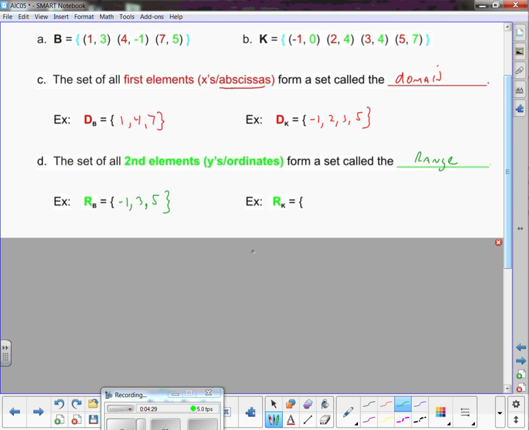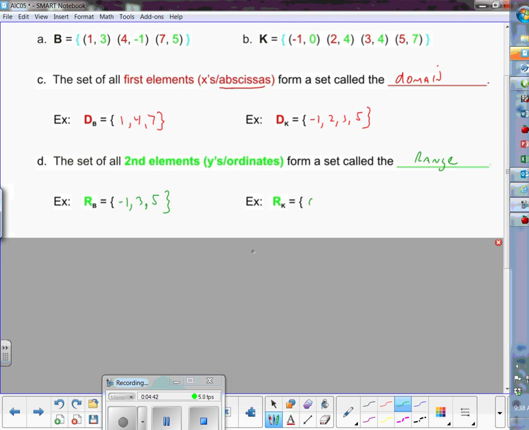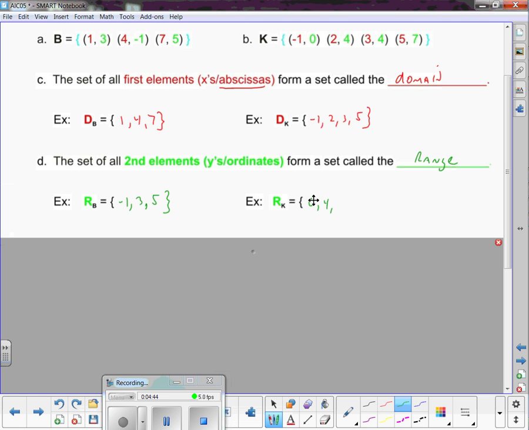All right, so finish off the range for set K. Write the range for set K. And everybody says the range is? Let's say it. Not 4, 4, 7? Because you don't repeat anything twice, right? Because 4 is 4, and you've already included her. And so she's included. We're good to go, right?